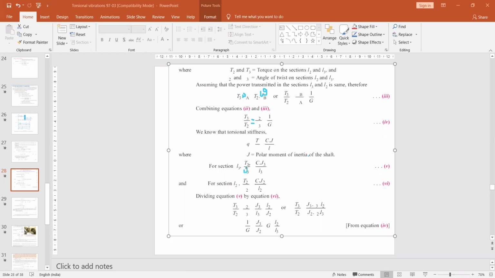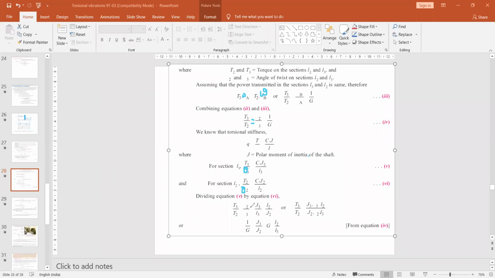CJ2 by L2. So this is equation 5 and this is equation number 6. Let us take equation 5 and equation 6 and equate both. The remaining term is T3 by T2 equals theta 2 by theta 3 into J3 by L3 into L2 by J2.